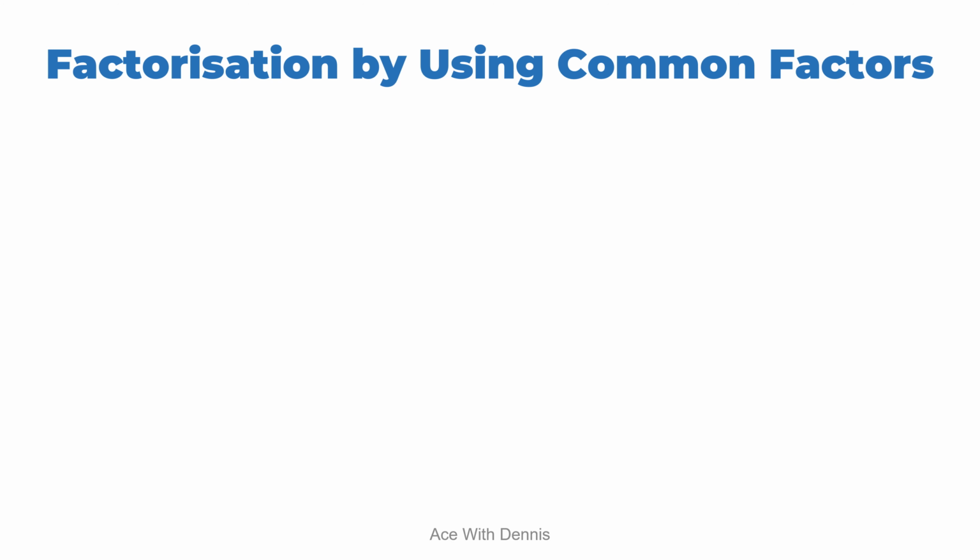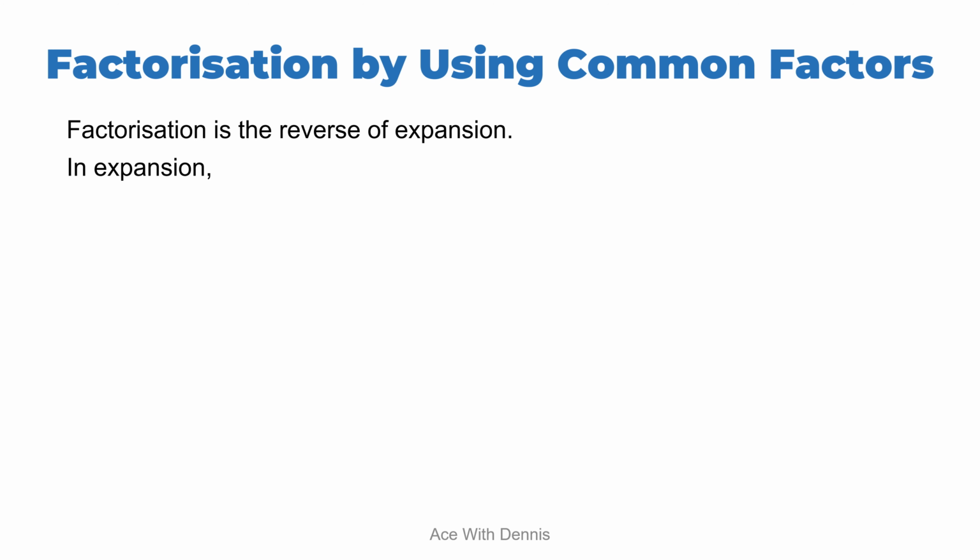Factorization by using common factors. Factorization is the reverse of expansion. In expansion, for example, 2 bracket 3x plus 2y equals 2 times 3x plus 2 times 2y, and the result is 6x plus 4y.